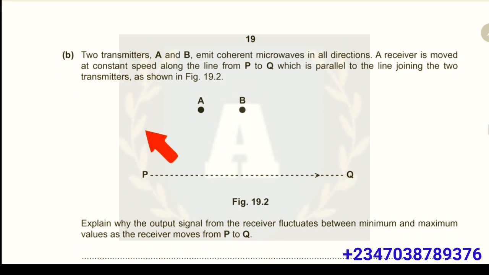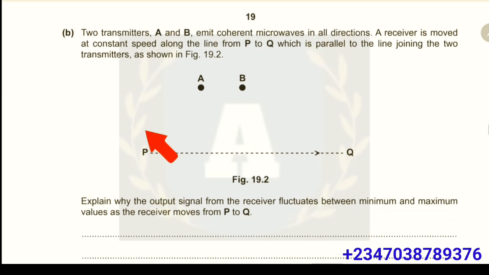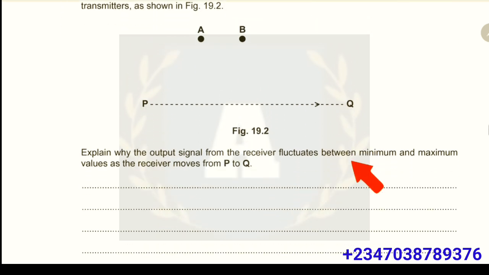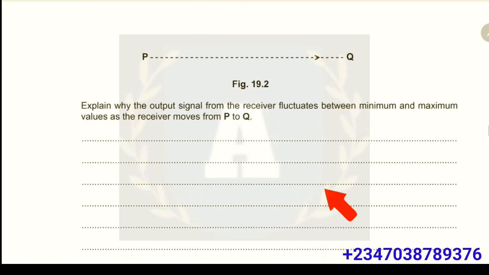Okay, figure 19.2 is shown, as we can see up there. So now, the question is this: explain why the output signal from the receiver fluctuates between maximum and minimum values as the receiver moves from P to Q. Now, what we want to explain here is interference of waves.